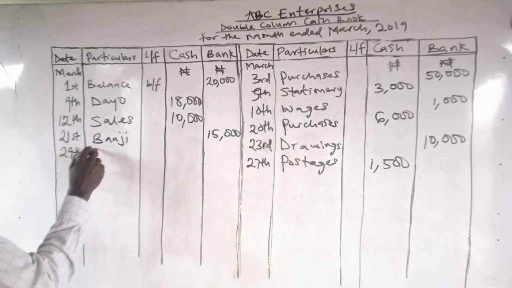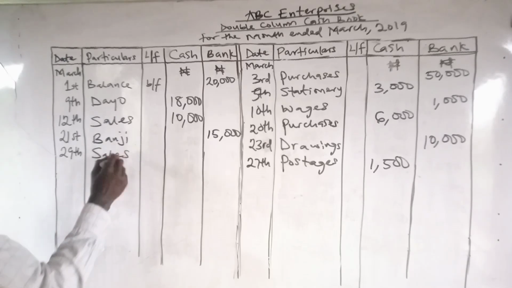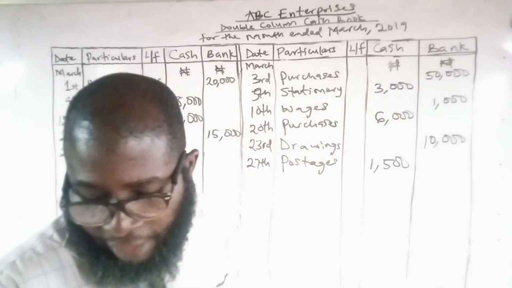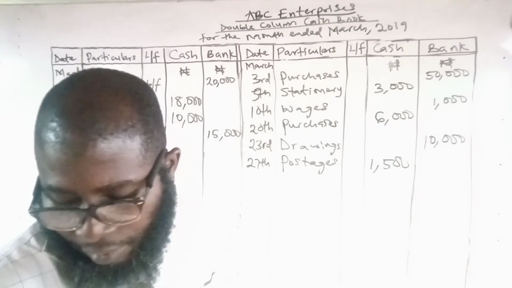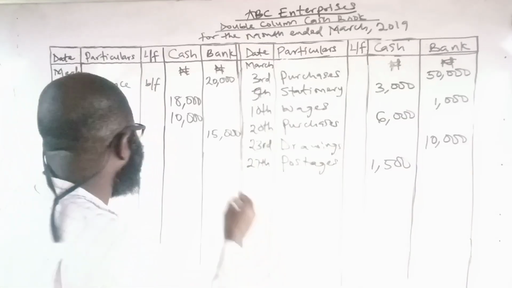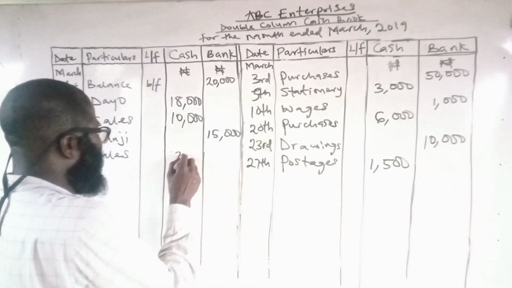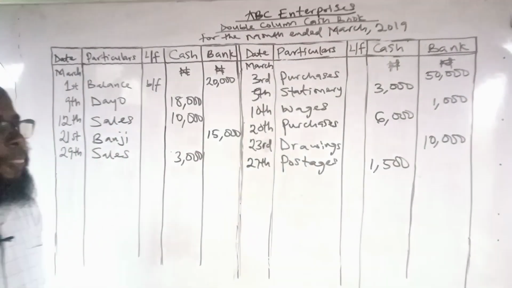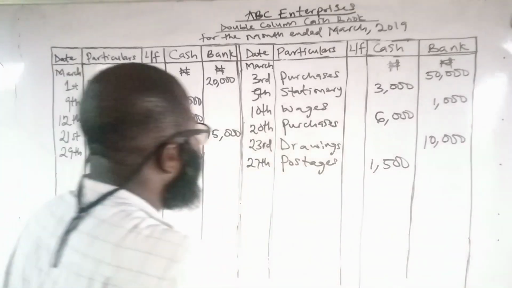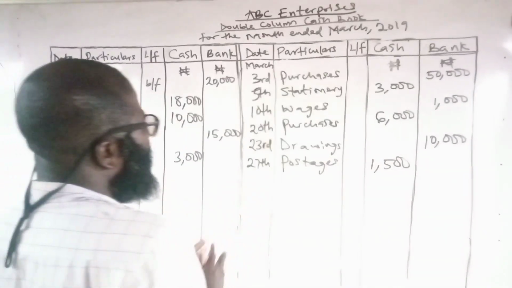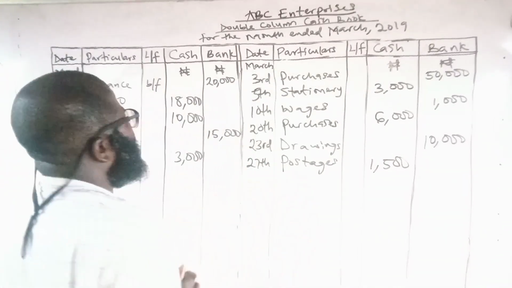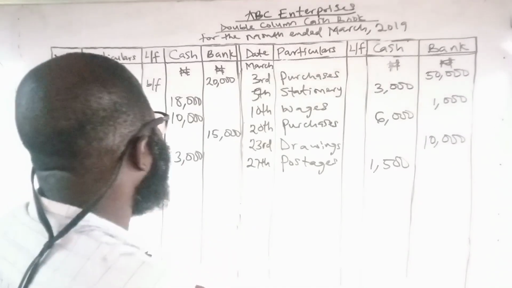Sales for cash, how much is it? 3,000 naira. Then you come here, 3,000 naira. This is how to go about it. I'm done with the posting of the entries into the double column cash book.